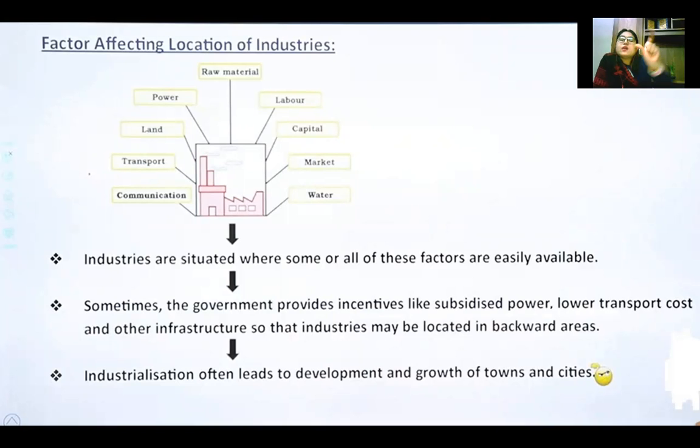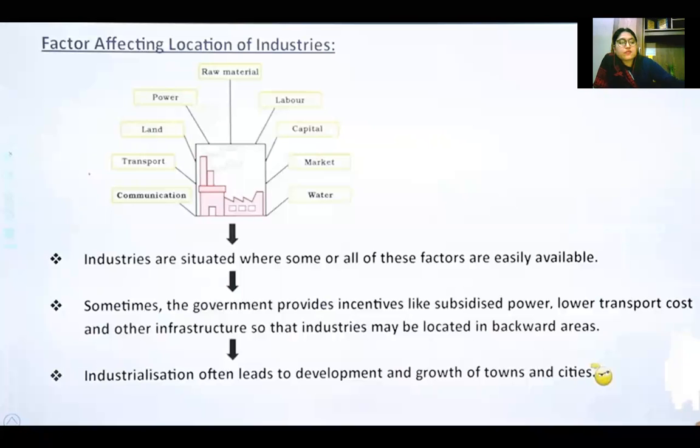So the company, the industry, need not take so many risks over there, because the government is helping the industry, cooperating, and providing electricity at low cost, transport also at low cost, and other infrastructure the industry requires.